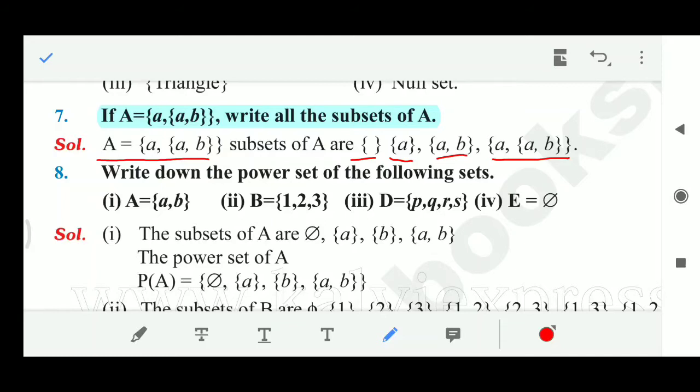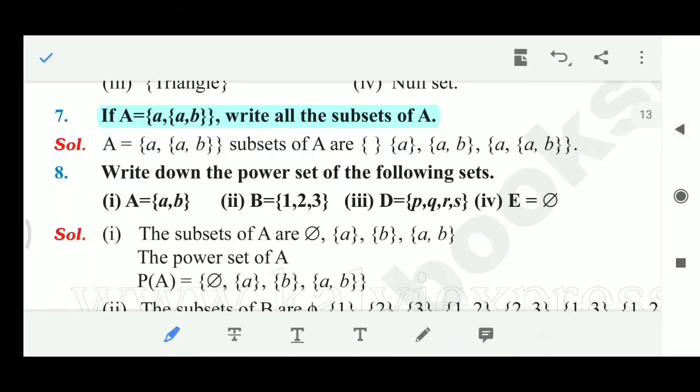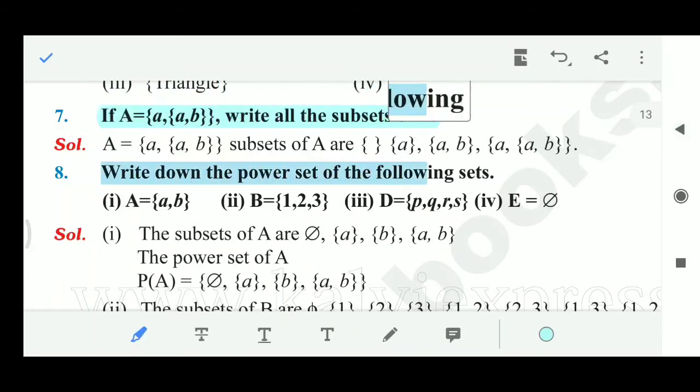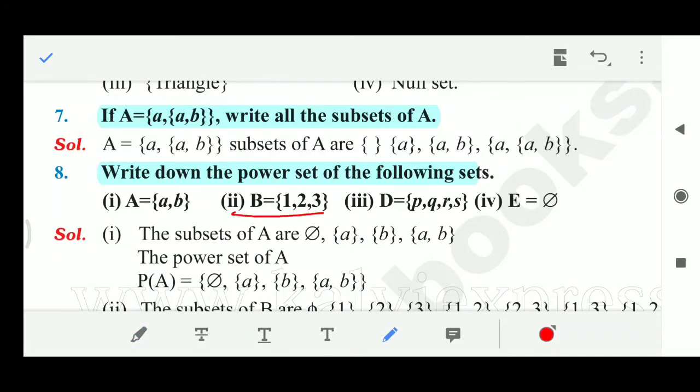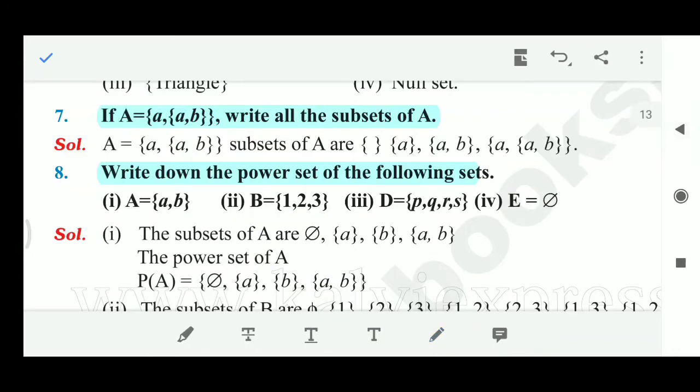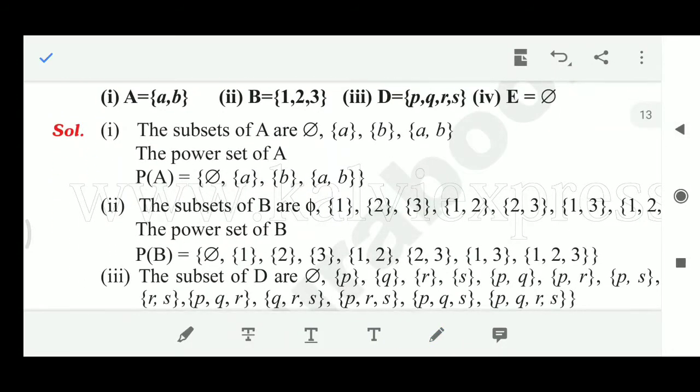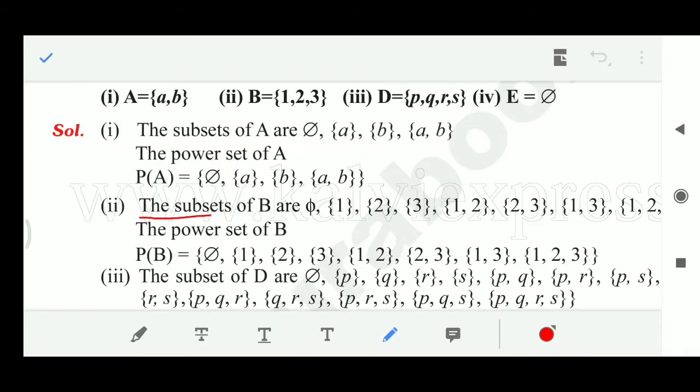Then we are moving to the eighth sum. Write down the power sets of the following sets. In this we have 4 subdivisions. In that I am going to do the second sum. B is equal to the set containing 1, 2, 3. Before writing the power set, I am going to write the subsets.